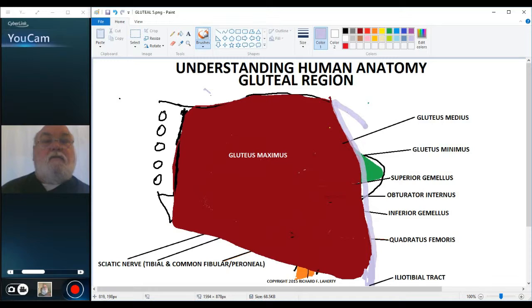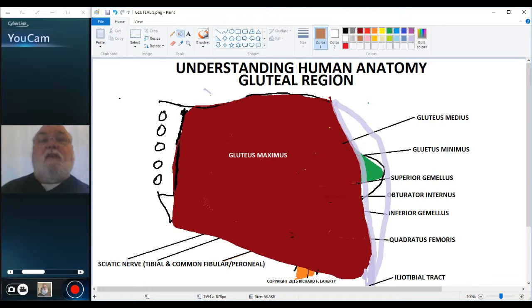But what we're going to find is that the superior part of the tract separates into two layers, and filling the space between those layers is another muscle.